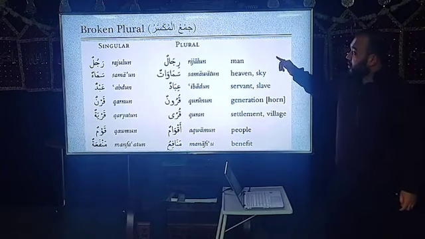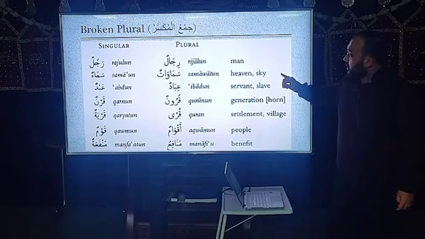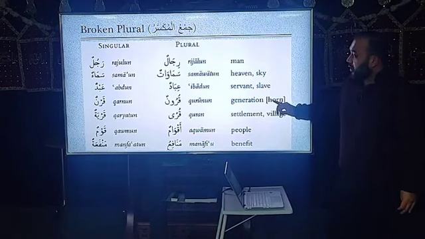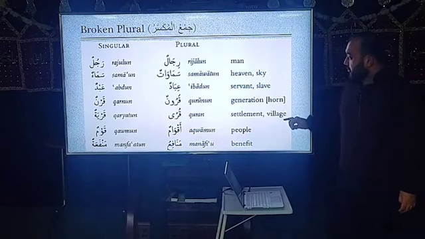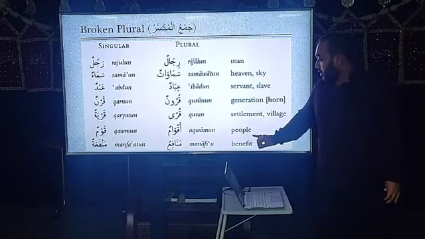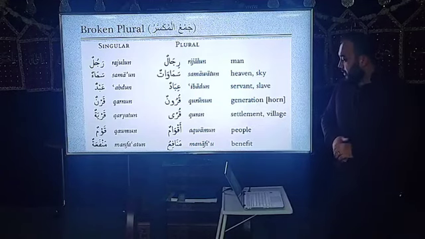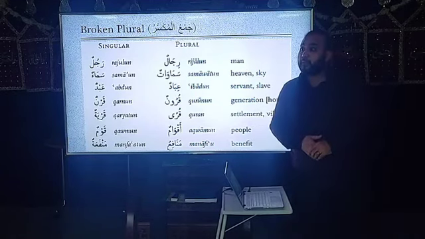So rijalun, men; samawat, sky or heaven; ibadun, servant and slave; qurunun, generations; qurra, settlement or village; aqwamun, people; and manafi, benefit.